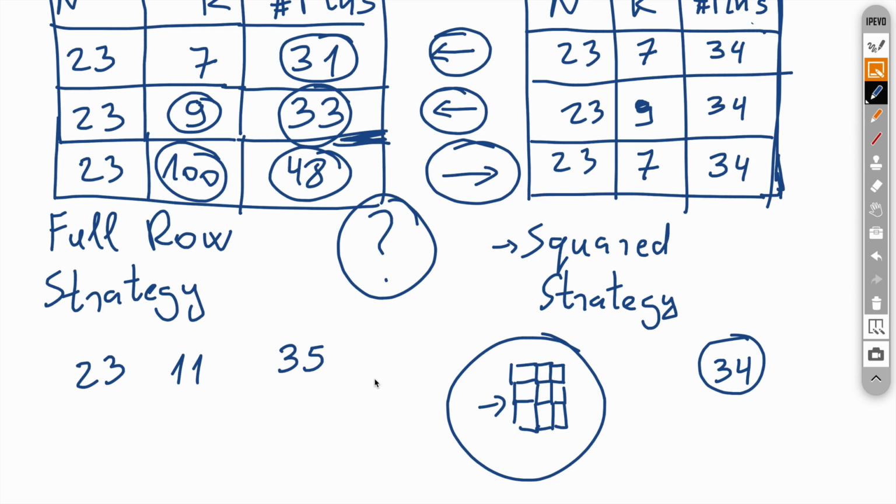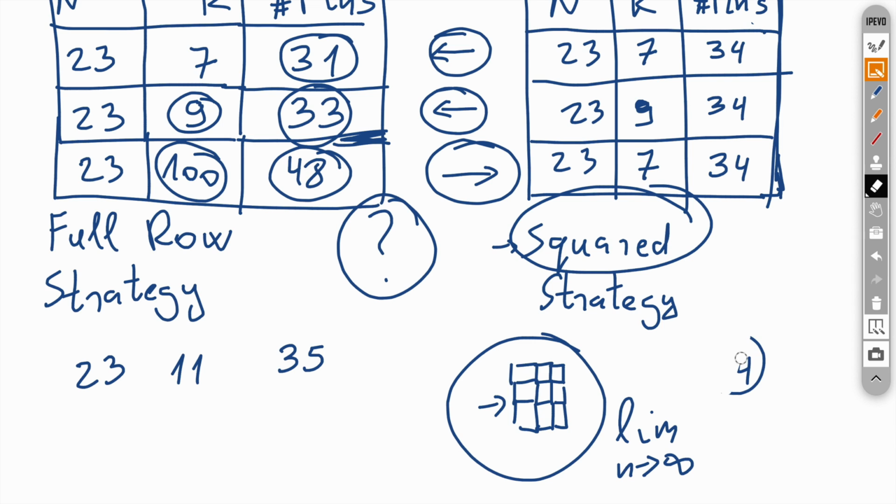A third one. By the way, for this square strategy, we can show that the limit when n tends to infinity, where n is the number of papers, of the number of pins as a function of n over n is 1.